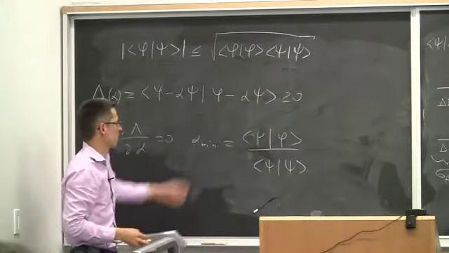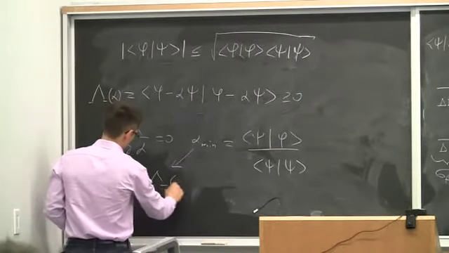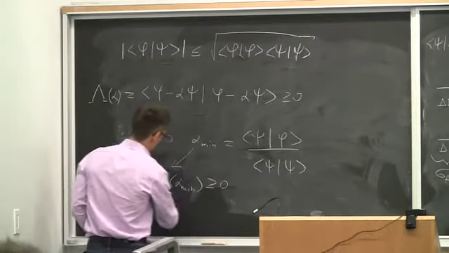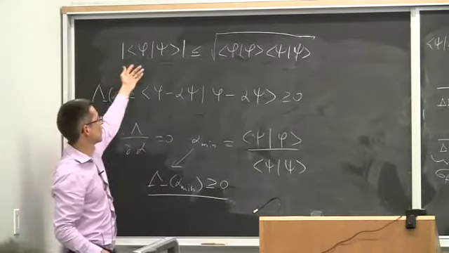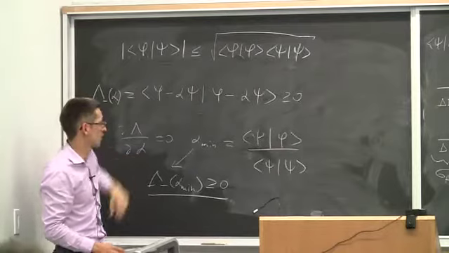Okay, so this is alpha minimum, and if you put this back into the expression, use this condition, then you will have a relation that will end up essentially in the Schwarz inequality.